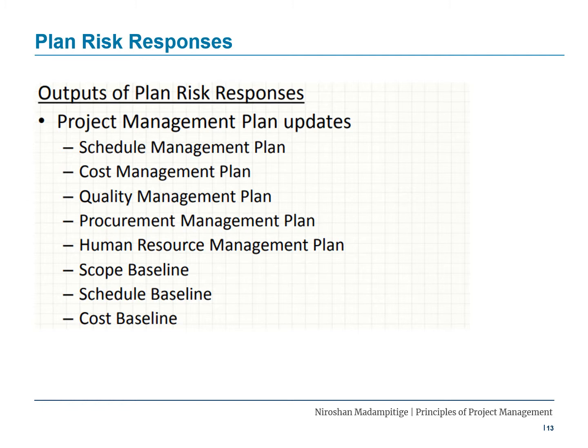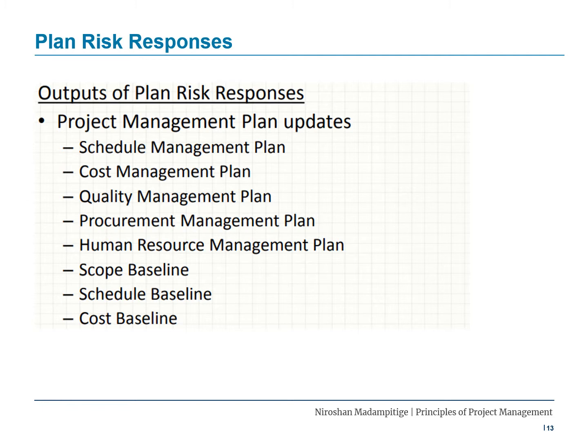So let's have a look at the outputs of risk responses. At the end of planning risk responses, these are the different forms of responding to the risks, in other words, outputs. Project management plan updates. At the end of the planning, you may go back to the project management plan and update it.